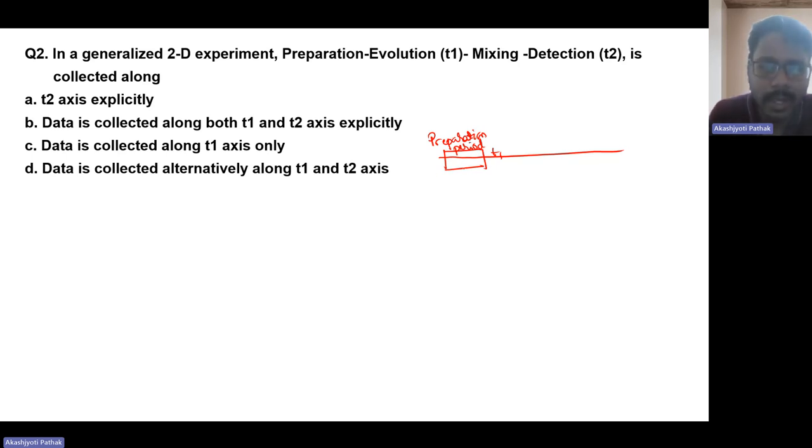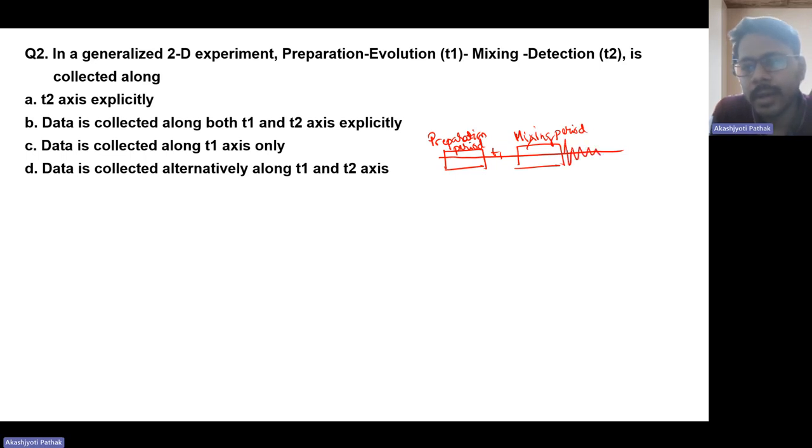You apply 90-degree pulses along an axis, and depending on that, xy transverse magnetization is created. Then the T1 period is called the evolution period. Following this, there will be a mixing period, and then there will be a detection period.